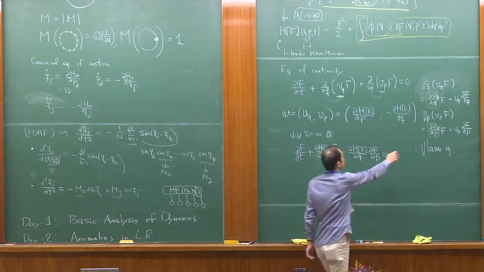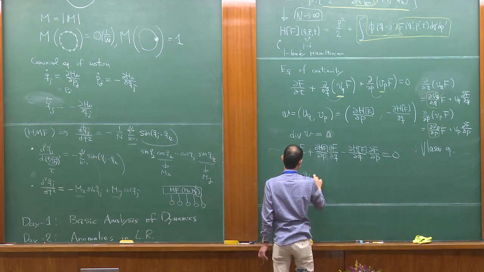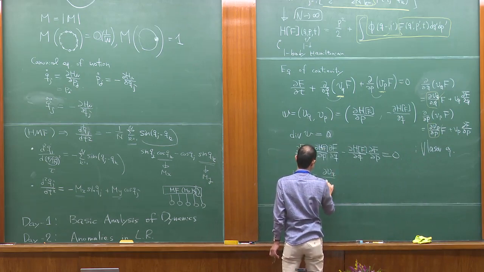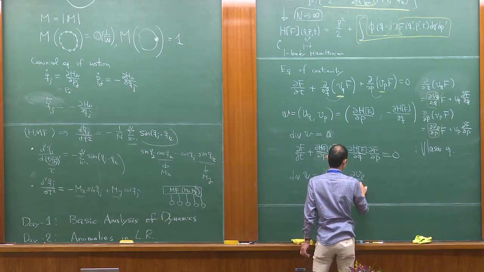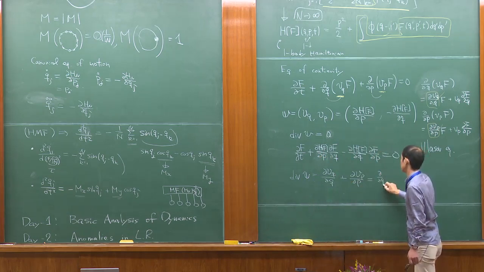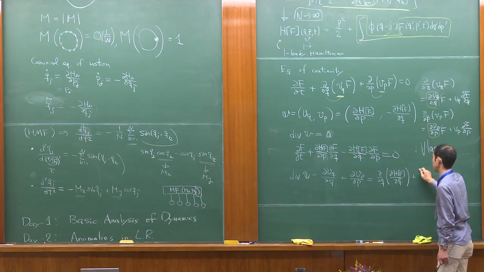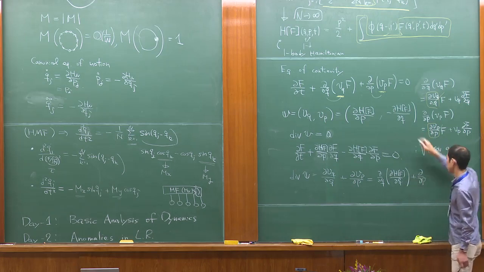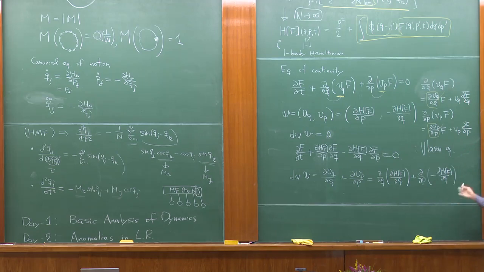Divergence of V is dV_q/dq plus dV_p/dp, and V_q is this one, and V_p is this guy. So it's 0.